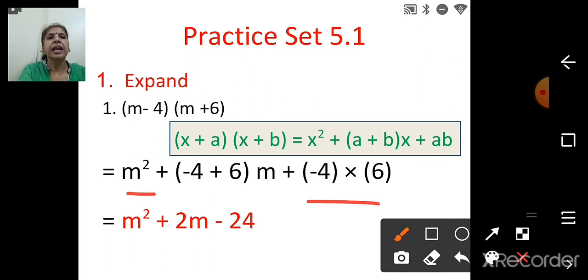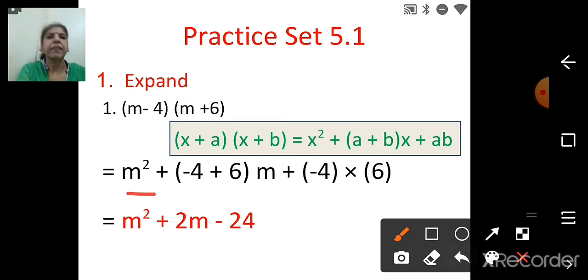And then again plus a multiplied by b. So our a is negative 4 multiplied by b, that is 6.